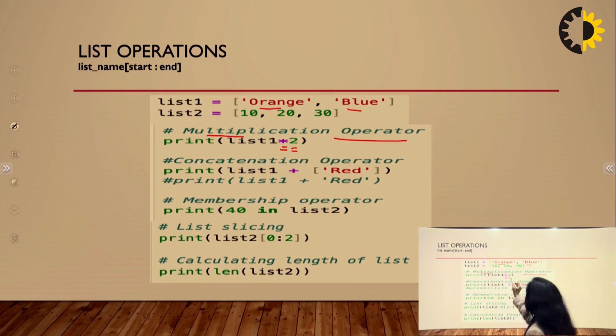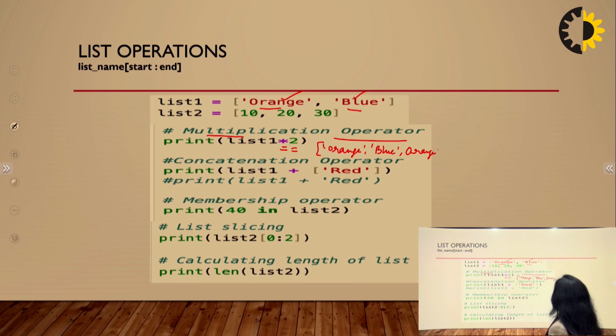It is repeated 2 times. List 1 is having the value orange and blue. So its output will be orange, blue, and again orange and blue. The same value will be repeated.